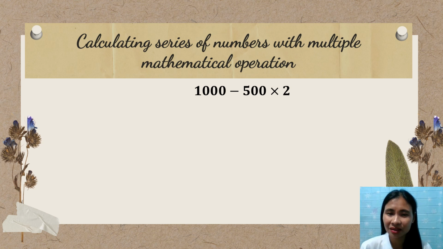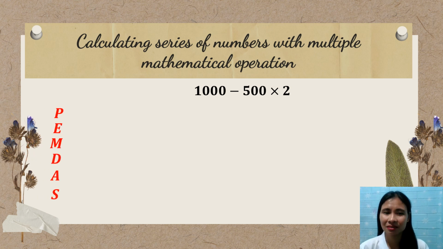1,000 minus 500 times 2. This is an example of a series of operations. So what is the correct way of calculating this particular operation? I know you are all familiar with PEMDAS. Before, I remember it as PEMDAS, but it was recently changed to GEMDAS.